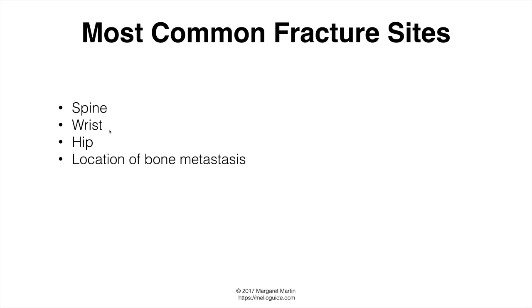So the spine, our wrists, our hips, and for individuals that are cancer survivors or facing the diagnosis of cancer, the location of bone metastases is also a consideration as a potential fracture site.